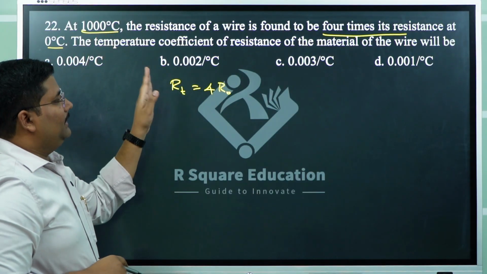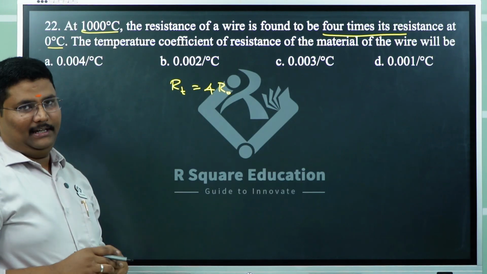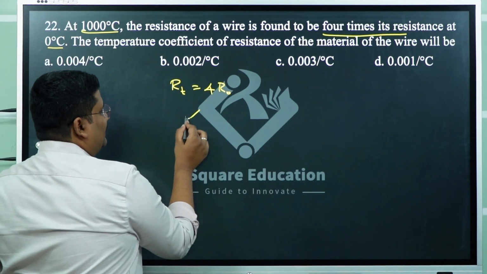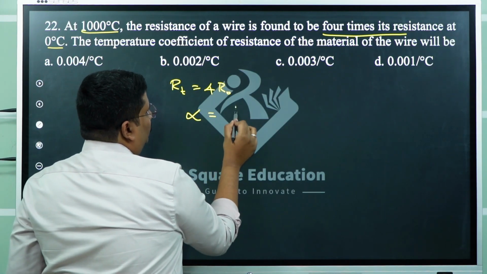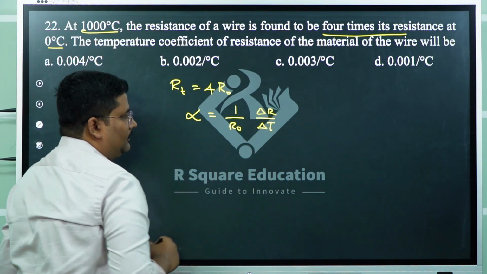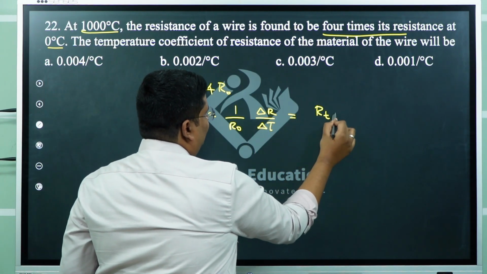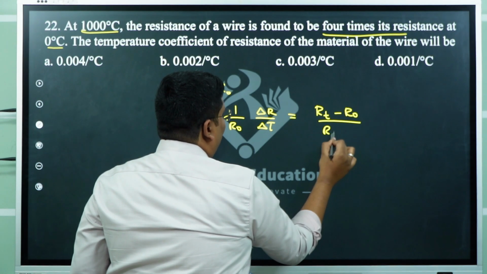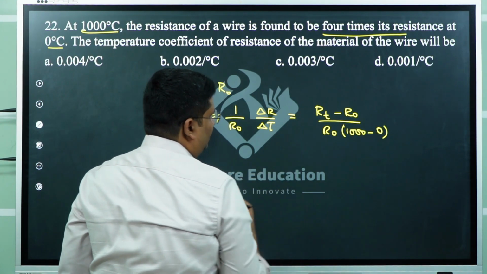The temperature coefficient of resistance of the material of the wire will be... You know pretty well, temperature coefficient of resistance directly is 1 by R naught into delta R by delta T. In this case delta R is RT minus R naught, divided by R naught into the change in temperature, 1000 minus 0.